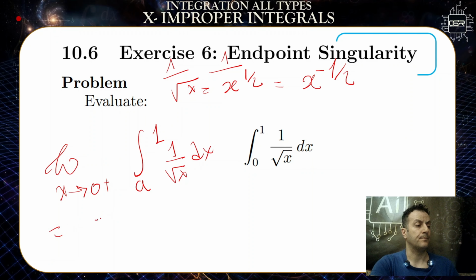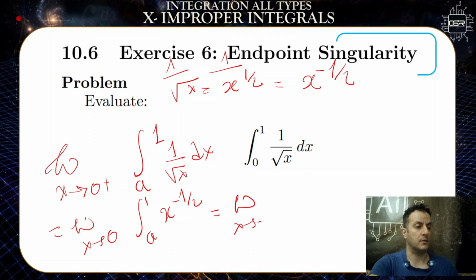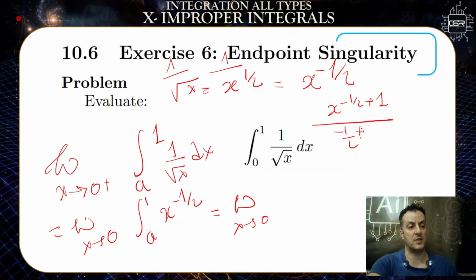Okay, so again, this is the integral from 1 to a of x to the power of minus 1/2, which is equal to the limit as a approaches 0 of x to the power of minus 1 over 2 plus 1, talking about the result of the integral, divided by minus 1 over 2 plus 1, which is 1/2.